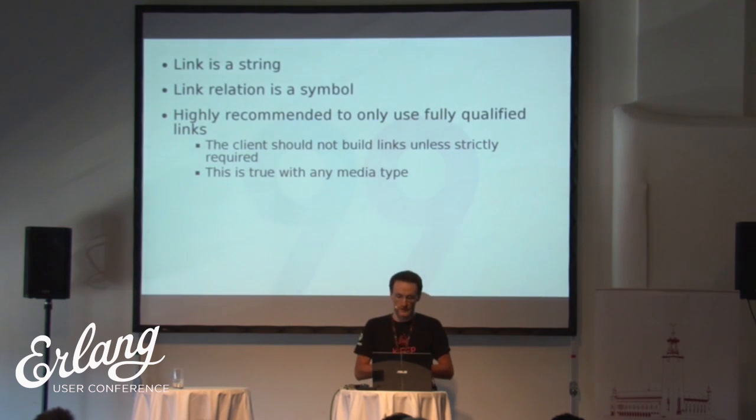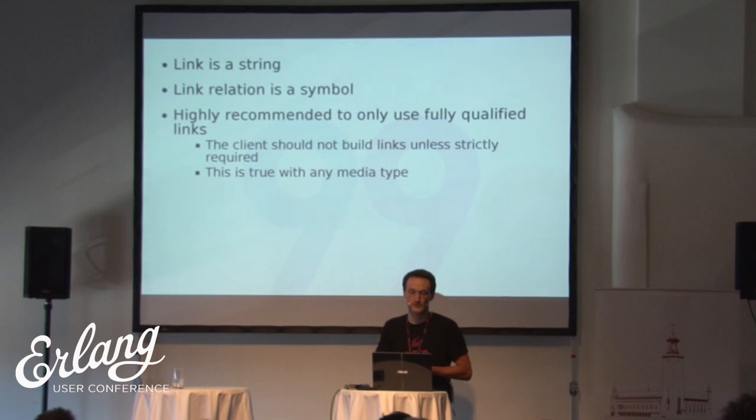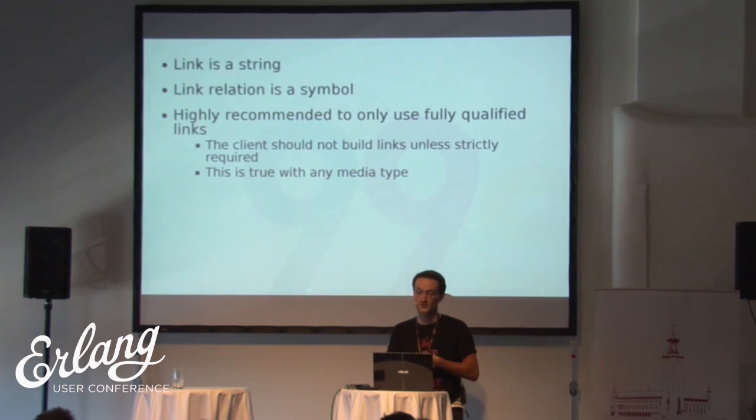And links are constructed with, well, all the values here have basically one kind of opcode before the actual value. And links are simply a type that contains other types, and it contains a string. So we will see what that means in a bit. And the relation is a symbol. So we will see again very soon.